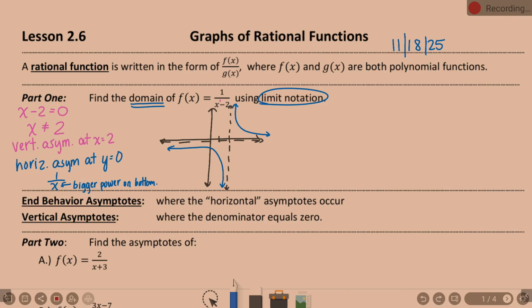The key x value is that 2 that caused the problem, yes? So when we start talking about domain, we're going to set up the limit as x approaches 2, but we're going to look at it from both sides. So we're going to look at the limit as x approaches 2 from the left of f of x.